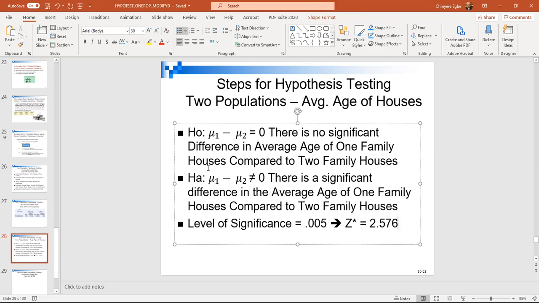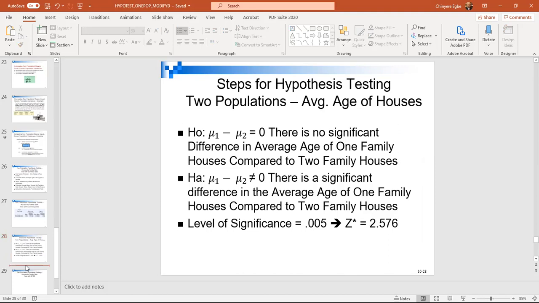All right. So now that you have done this, we're now going to calculate the Z for the problem. So how do we calculate Z for a two population hypothesis test?